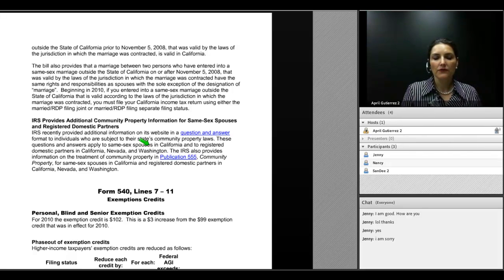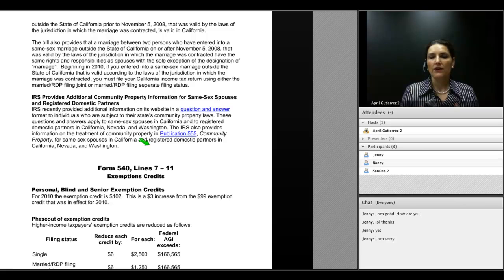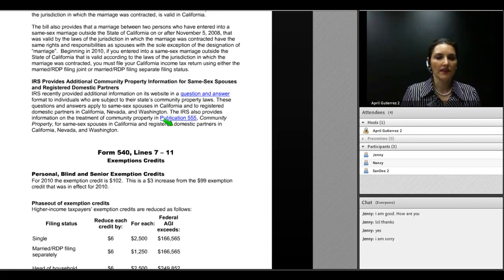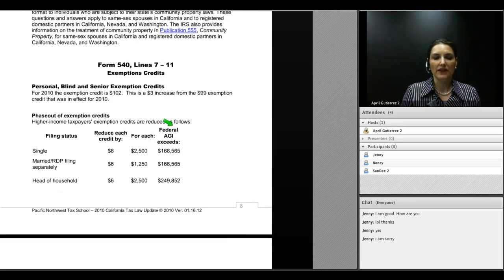And you should be careful to apply community property law when you file your return. The big part about community property law is in particular when it comes to wage income. The separate wage income of each partner is considered to be community income, and therefore each partner will share equally in the income of the other as well as in the division of federal withholdings and state withholdings of the other. And of course, more information about that is also available in Publication 555.